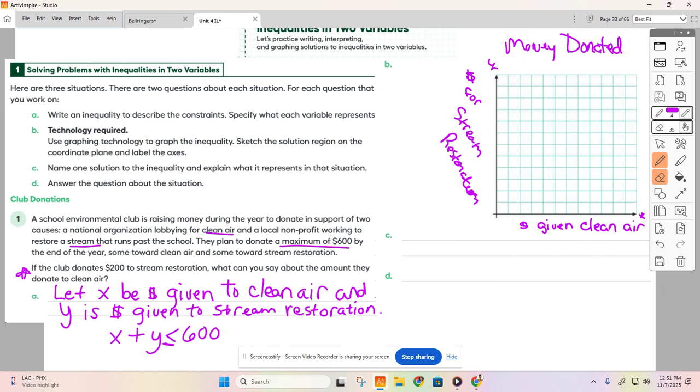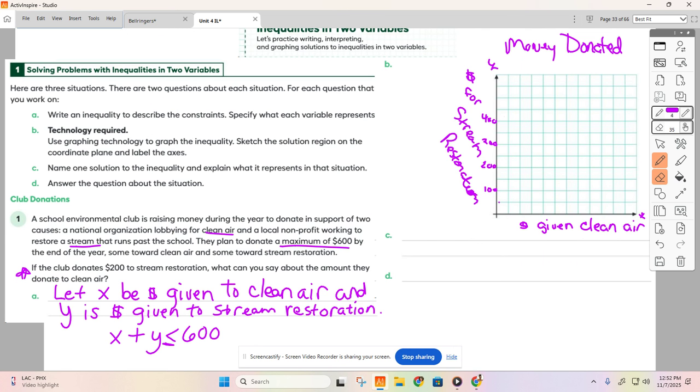I need to have some numbers on my grid so I can plot my points. I knew that it needed to go up to 600, so what I'm going to do is count by 50, but I'm only going to mark the hundreds. So that would have been 50 there. This is 100. 150, 200, 250, 300, 350, 400.